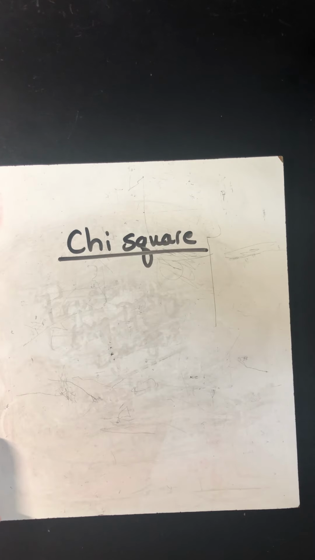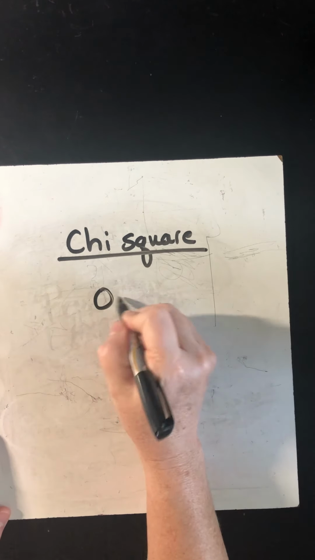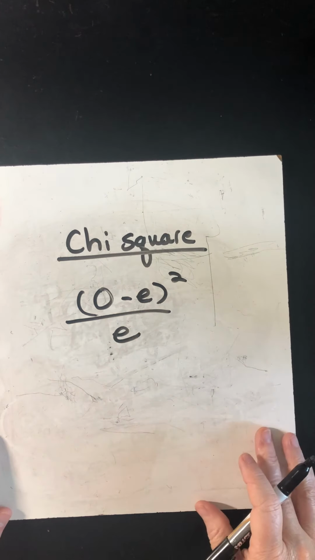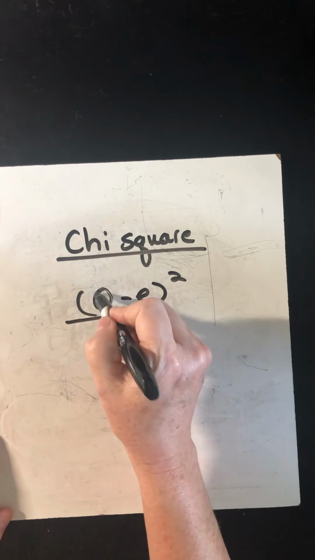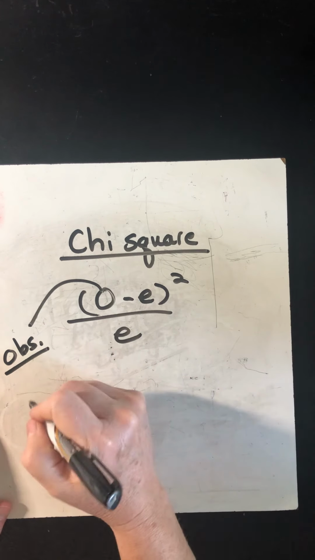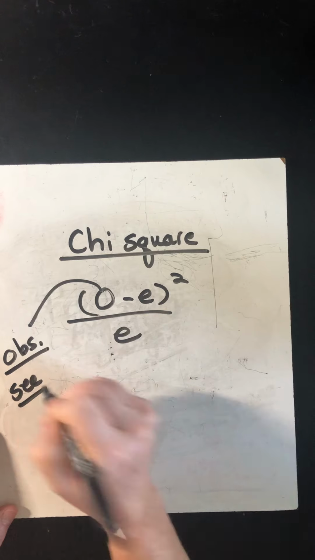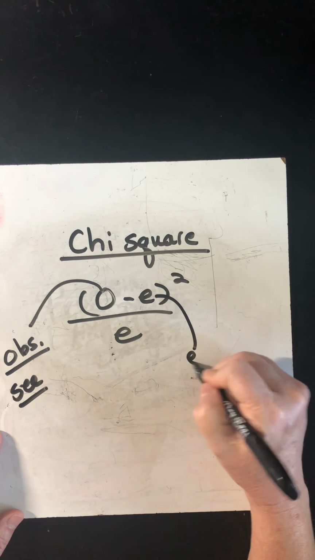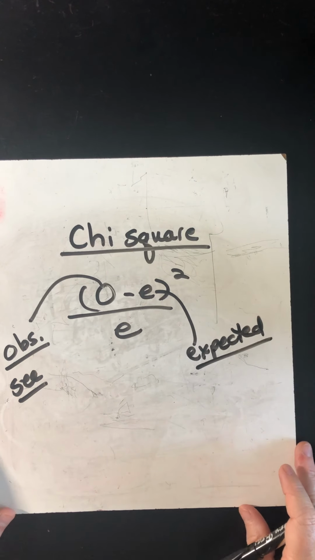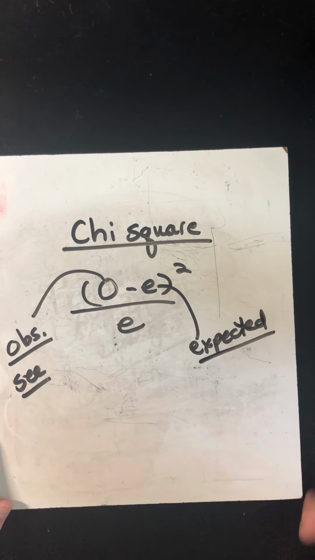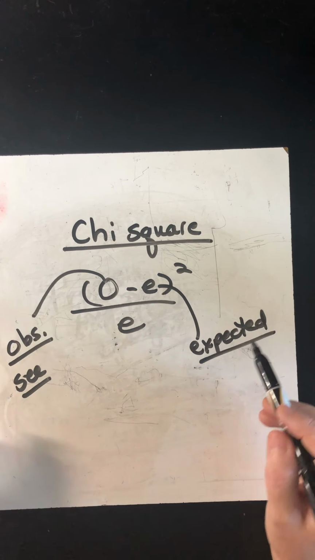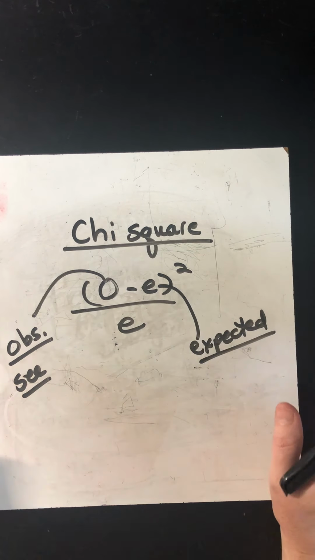And so your chi-square is your O minus E squared divided by your E. So you're observed, that's what you see, what happens, and expected. We'll do some different expected situations and how you could calculate expected. But this would be what would be expected if your independent variable had no effect.